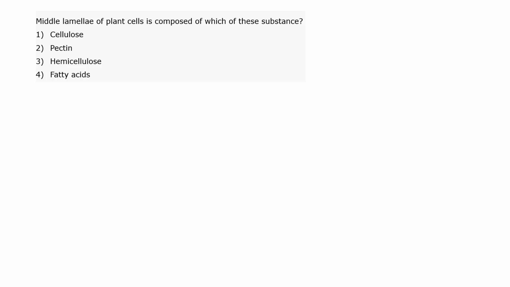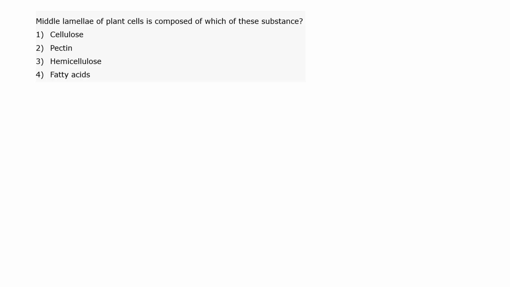The middle lamella of a plant cell is composed of which of these substances? Cellulose, pectin, hemicellulose, or fatty acids? Middle lamellae in plant cells are composed of which of these components?